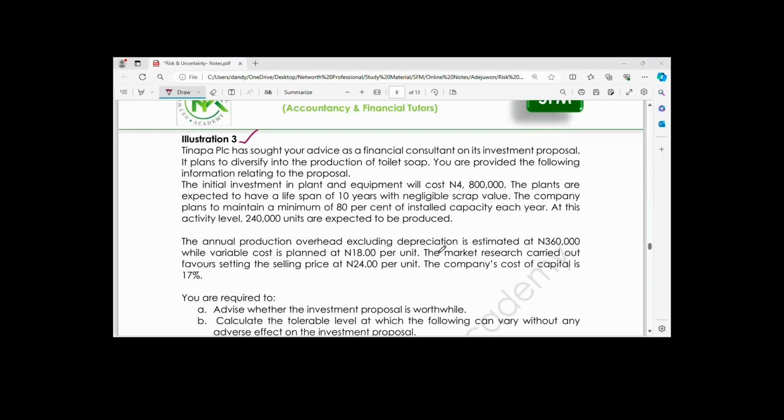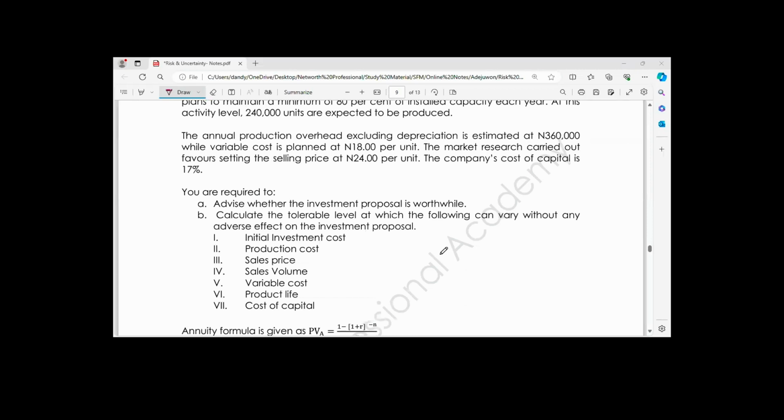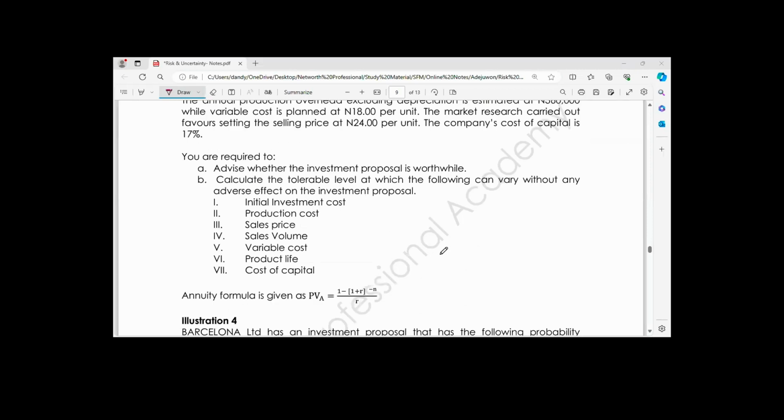You are required to advise whether the investment proposal is worthwhile. Calculate the tolerable level at which the following can vary without any adverse effect on the investment proposal: initial investment cost, production cost, sales price, sales volume, variable cost, production life, cost of capital. Analytic formula is given. All figures are assumed correct.